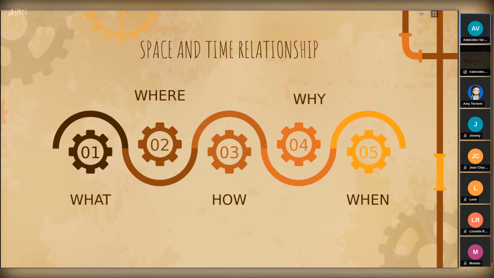If I were to arrange a meeting with you and say, let's meet tomorrow at 3 o'clock, your next question would be, where? Or if I were to say, let's meet at the square, then you would ask me when. This shows that space and time are not really distinguishable, because there's a strong influence between the two.